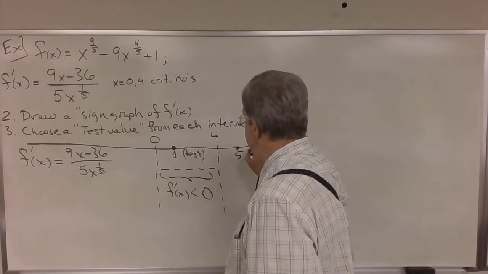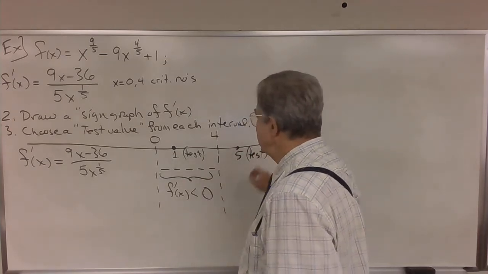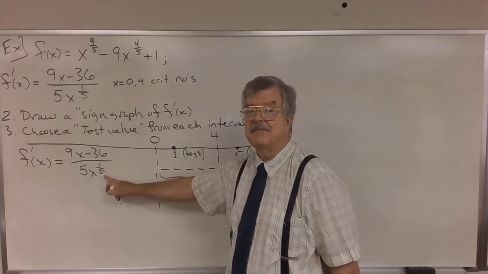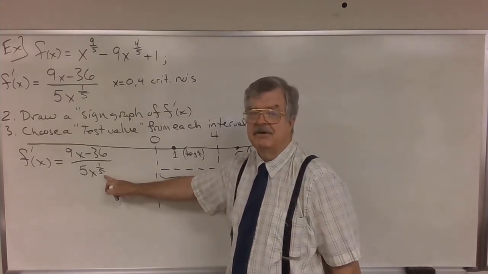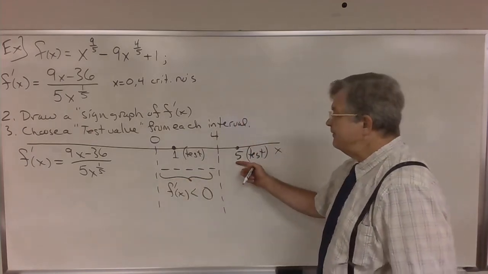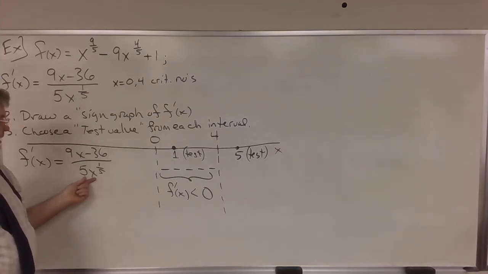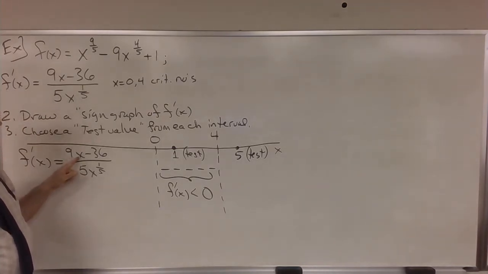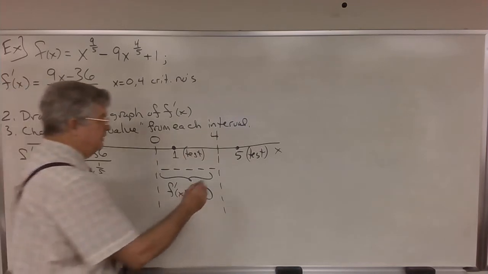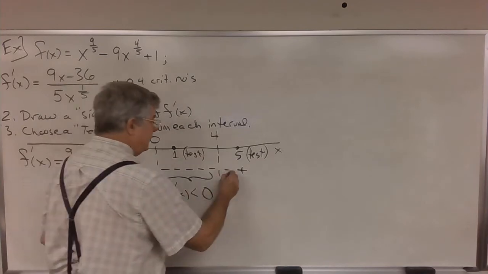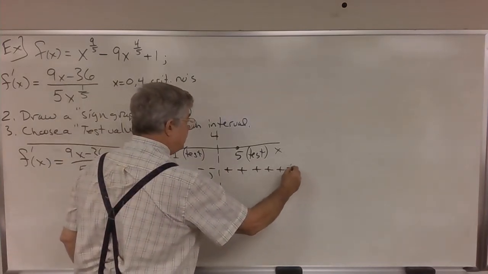I'm just going to pick 5 as a test value and use the fact that the 5th root of a positive number is positive, the 5th root of a negative number is negative. So I take 5 and plug it in here, and I get a positive number on the bottom, and I get 9 times 5 is 45 minus 36, which is 9. I get positive over positive, that's positive. At x equals 5, the derivative is positive, so the derivative is positive throughout this interval.